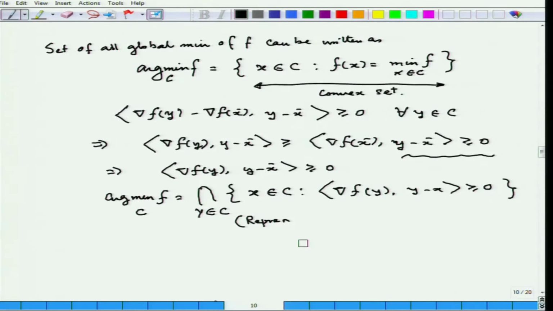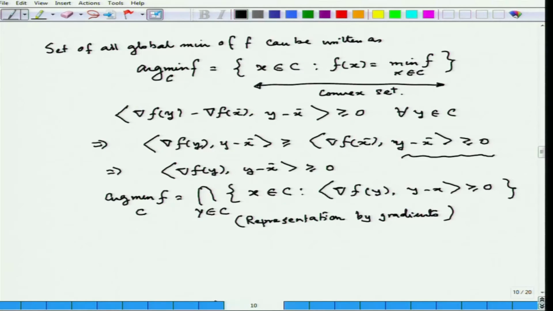Representation through gradients, not optimality conditions, sorry. Optimality conditions can in fact be used to represent the argmin. So, this argmin can have two different ways of representing it.